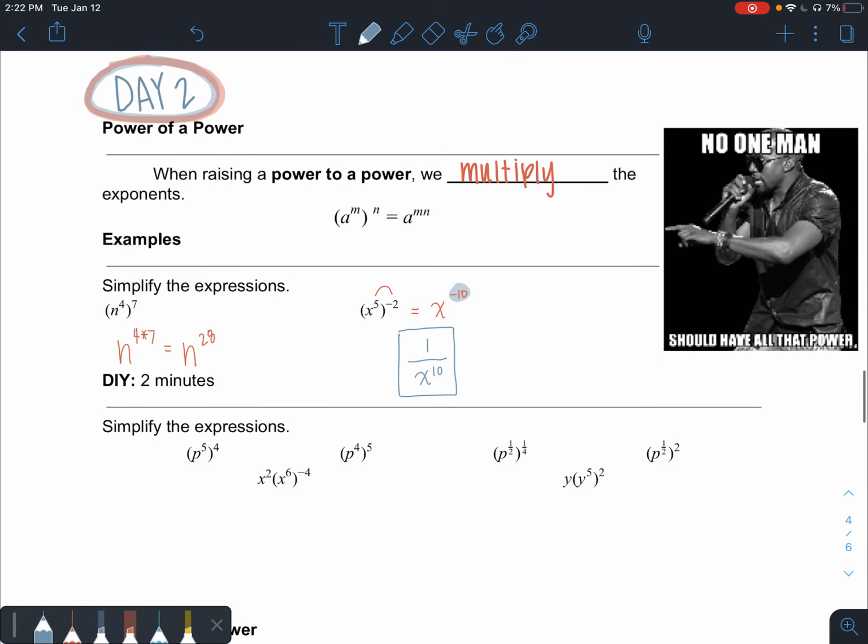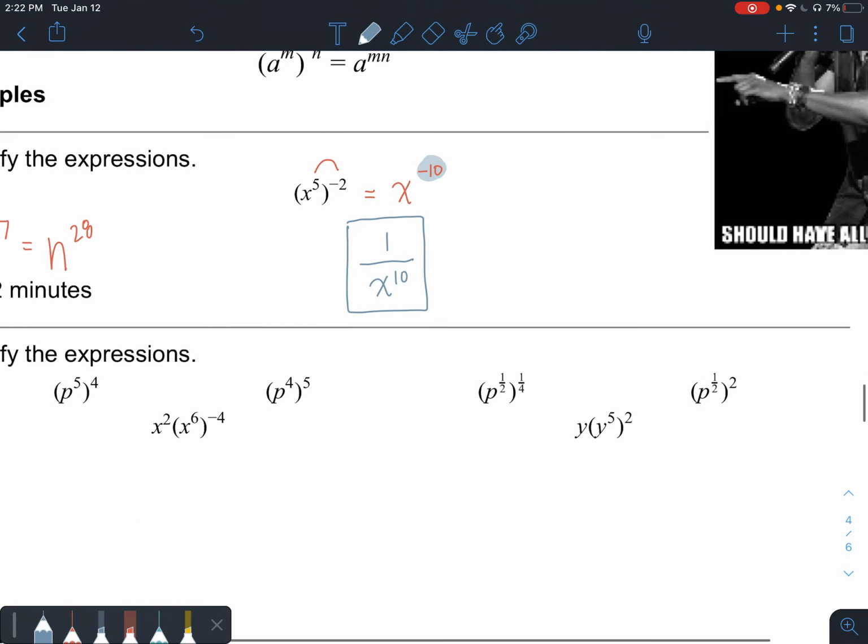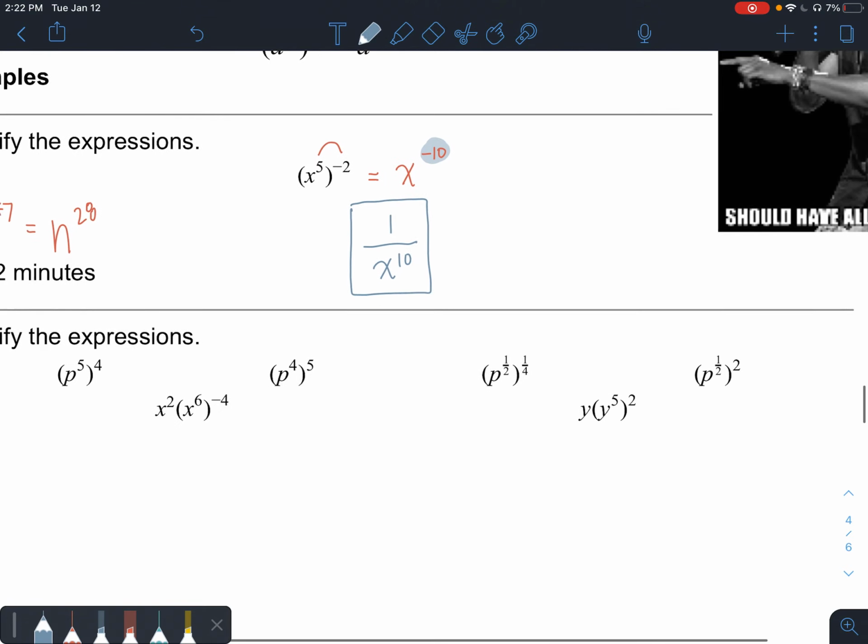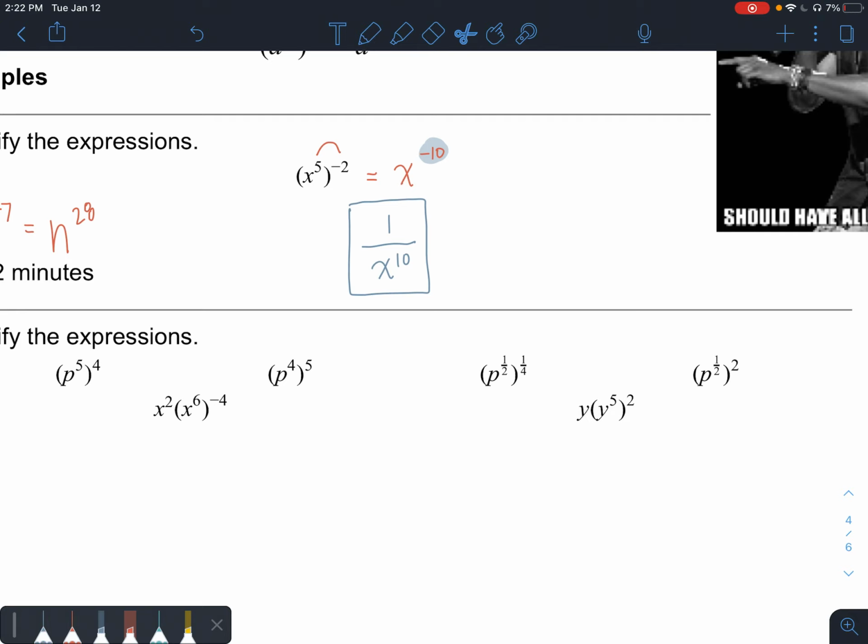Alright, we kind of got a mess of these down here. I think yours is maybe a little bit more organized, hopefully. Let me just kind of adjust while you do these on your own.